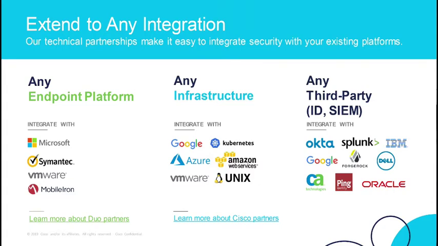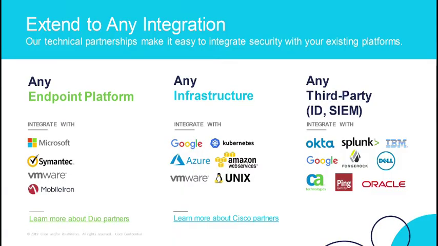We can integrate with your cloud applications like Google, Azure, AWS, or on-premise, and also containers like Kubernetes and VMware. And we can integrate with any third party. Some great examples is we integrate with identity providers like Okta, Azure, and Google. And we can also integrate with SIEMs, right? For example, Splunk, to be able to aggregate logs and respond to threats properly.